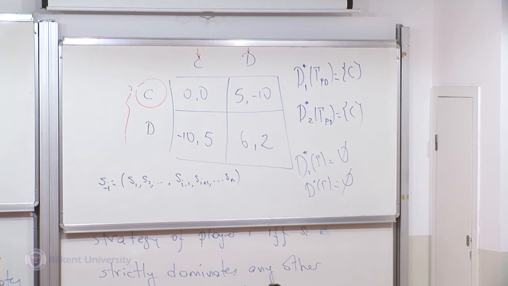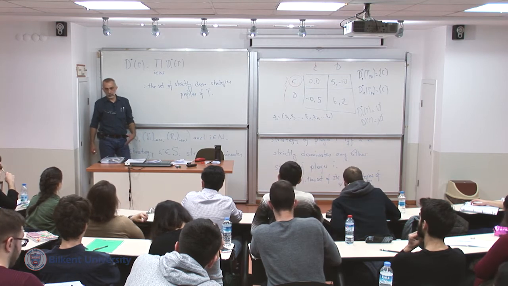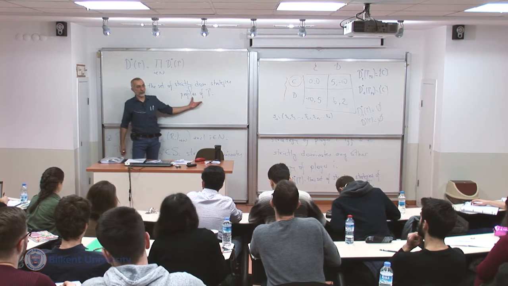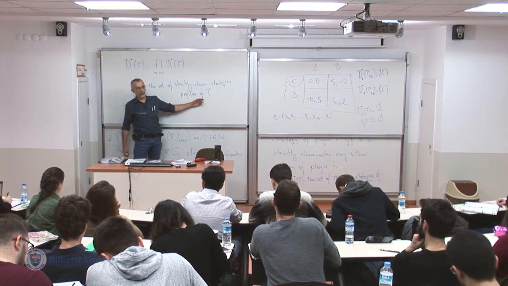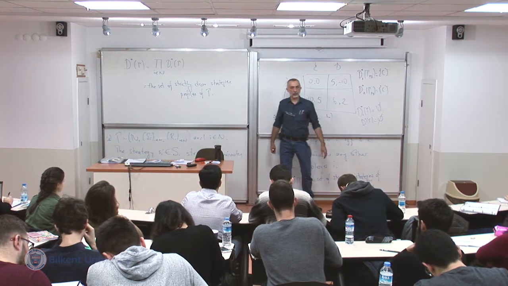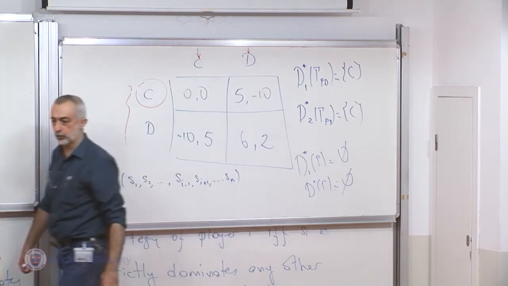Unfortunately, for most games, the set of strictly dominant strategy profiles is empty, which is a problem for us because it means that you won't be able to make any predictions, you won't be able to make any prescriptions. That's bad news. That's an unfortunate thing about the strict dominant strategy solution concept.